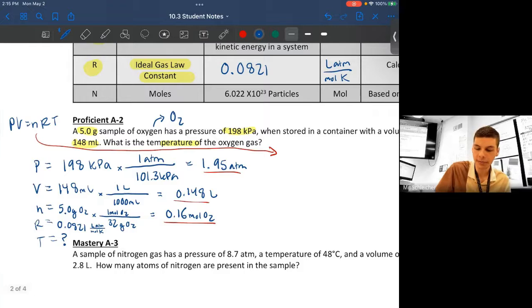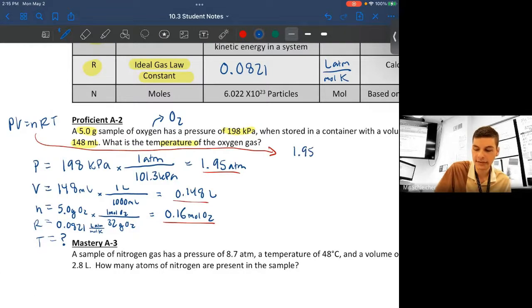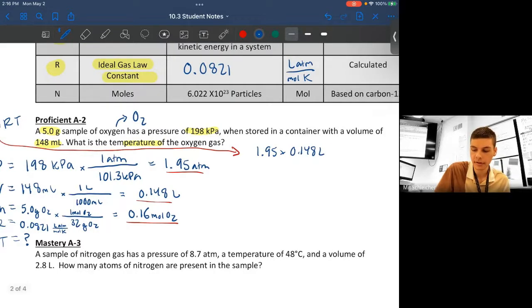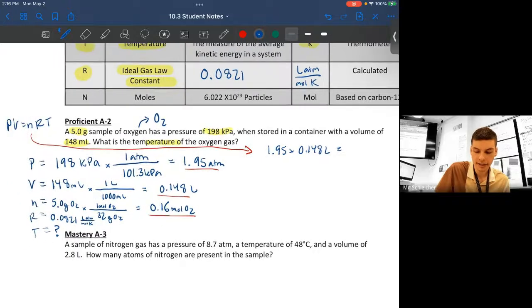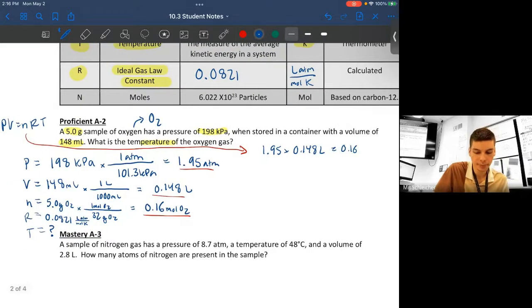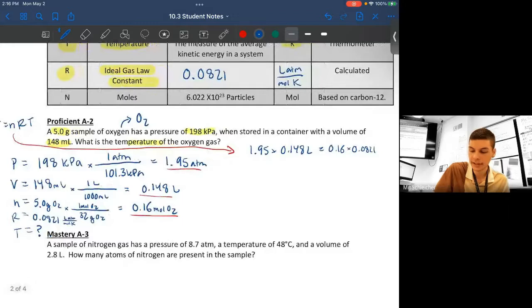Pressure is 1.95 atmospheres. Volume is 0.148 liters. Number of moles is 0.16 moles. R is 0.0821 liter atmosphere per mole Kelvin. And I don't know the temperature, so I'm going to leave it as T.